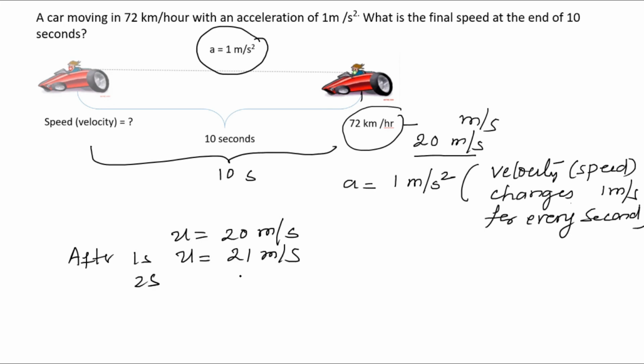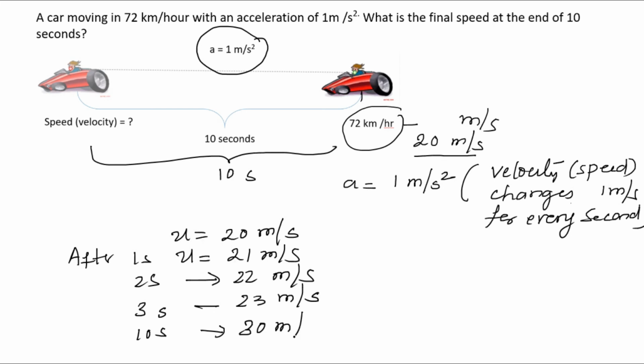After 2 seconds, 22 meter per second. And after 3 seconds, 23 meter per second. And so on. After 10 seconds, what is the velocity going to be? Simple. Every second 1 meter per second. It is going to be definitely 20 meter per second plus 10 meter per second, equal to 30 meter per second. I hope you have understood this.